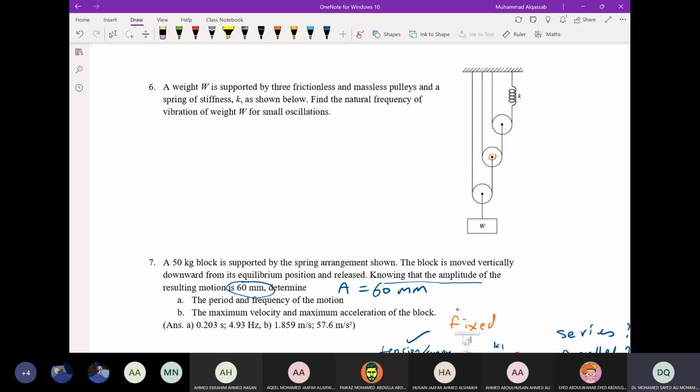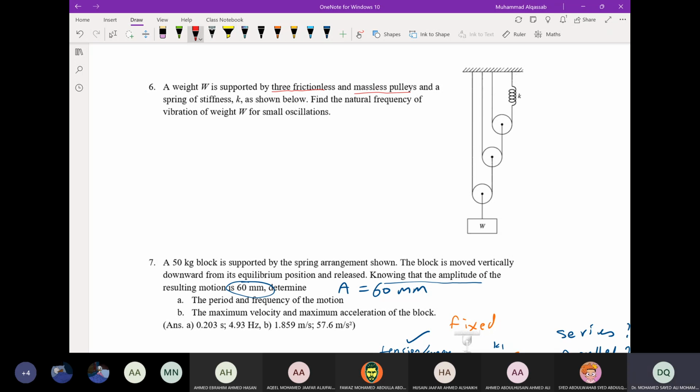Now, there was an example we solved in one of the lectures before, and the assumptions we made there, even though they are not mentioned, we have to use here. Frictionless, and massless, those are the 2 main assumptions.